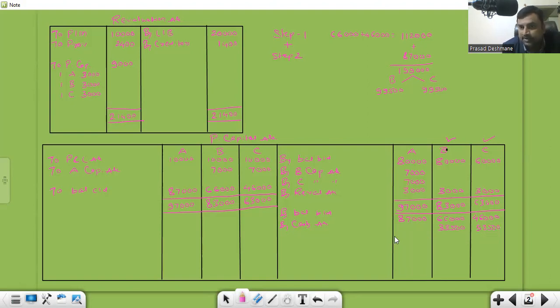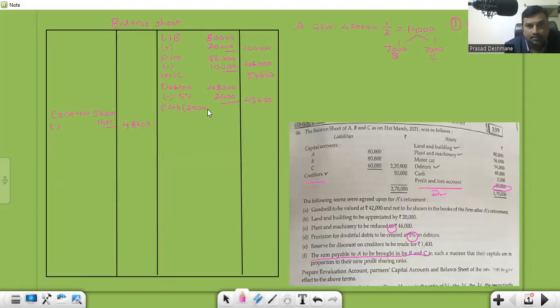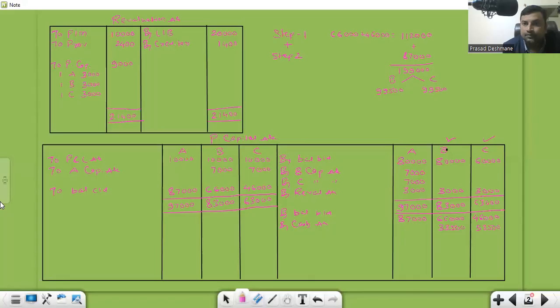So these two balances were brought in as cash: 33,500 by B and 53,500 by C. And when they bring in cash, obviously your cash balance will increase by this amount. So I'll add to the cash 33,500 plus 53,500. Correct?